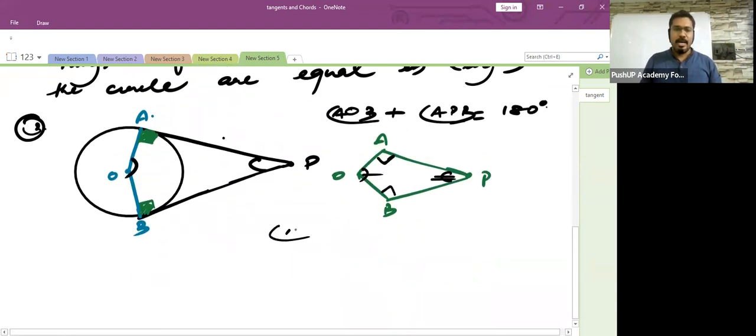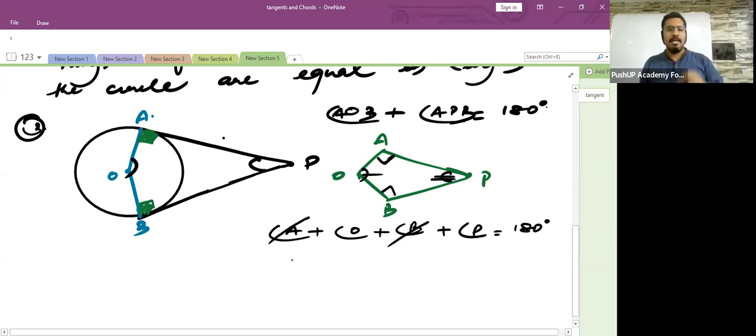Children, you know angle A plus angle O plus angle B plus angle P should be equal to what? 360 degrees. Sorry, my mistake, it is 360 degrees. Out of which the sum of angle A and angle B is 90 plus 90, which is equal to 180 degrees.